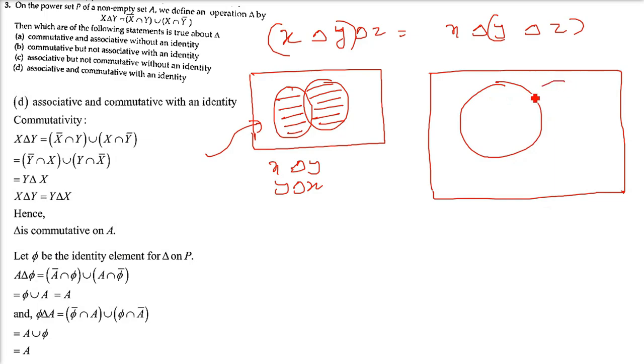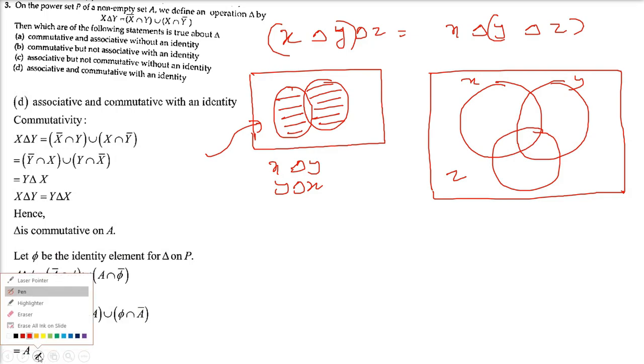Okay. Now same logic, same reasoning we are going to use to prove that it is associative. This is x, this is y, and this one is z. You can take any of them as x, y, z. Now x and y, just see the left area. That is the left figure which I just made. So the intersection part will not be taken. But when we intersect it with y, say x and z we have taken, and when we intersect it with y, the intersection part will not be taken.